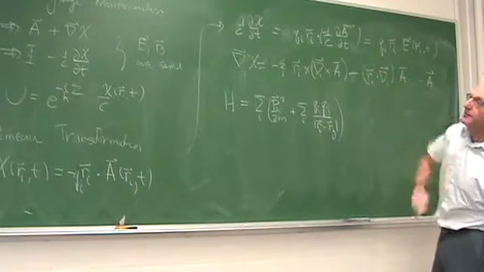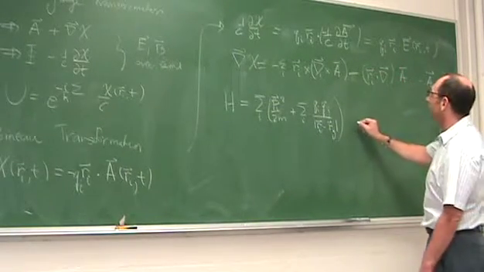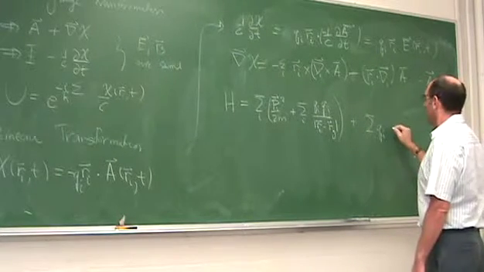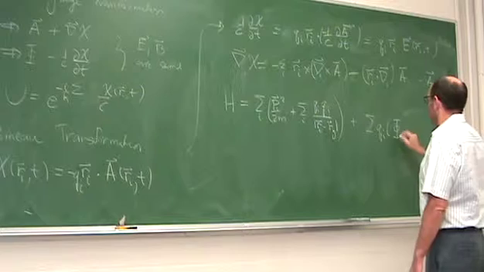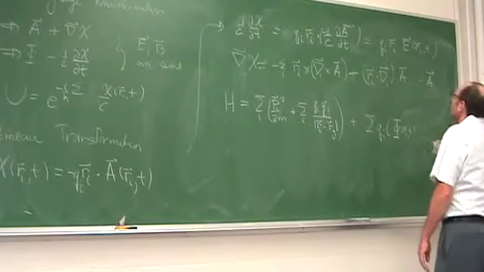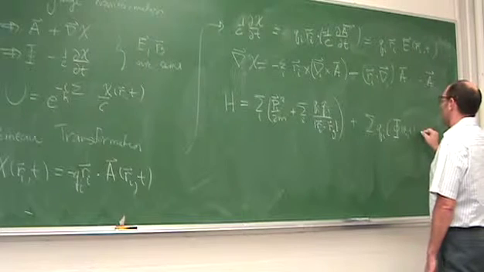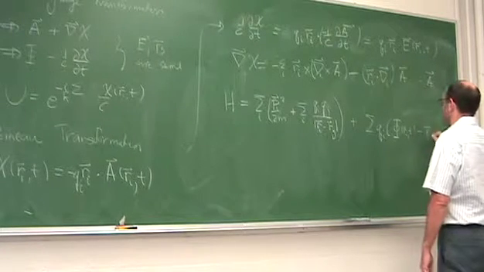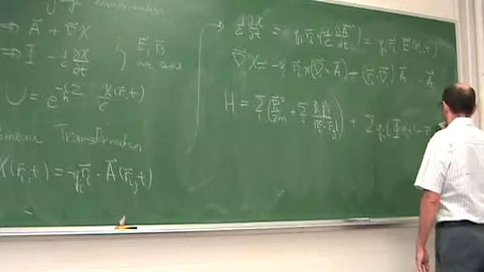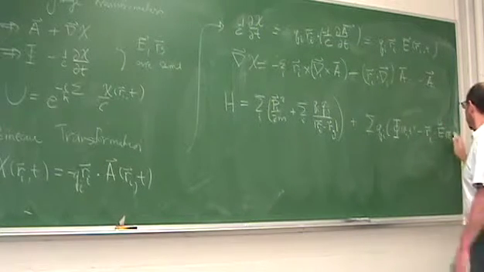This term combines with that term to look like the following, plus some q sub i, whatever the initial potential that was addressed, minus r sub i dot E at r sub i and t.